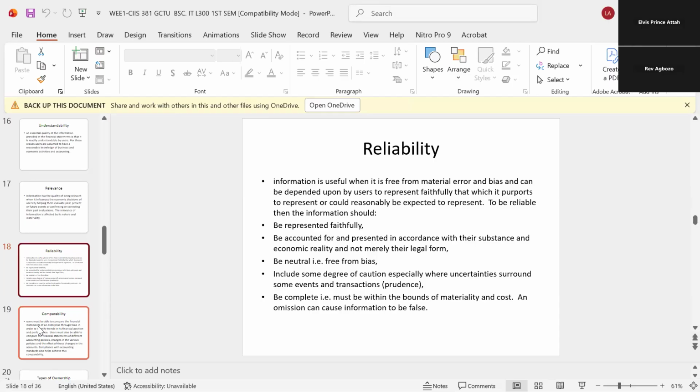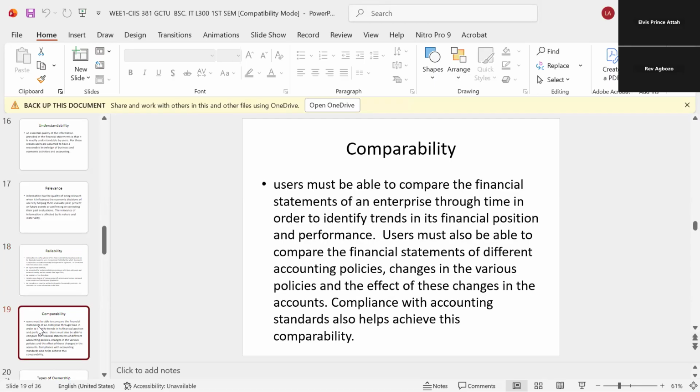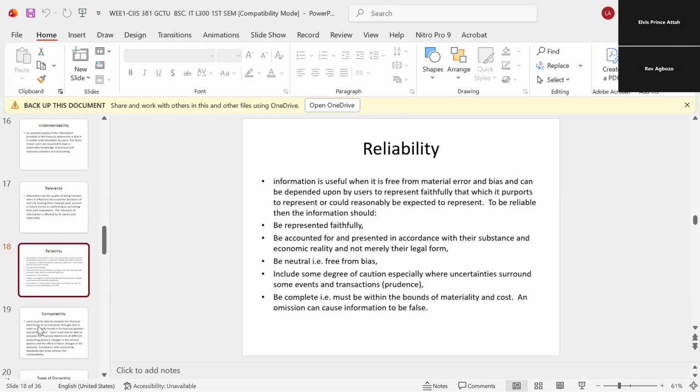He engaged managers who are managing his money for him. So at the end of the year, the managers prepare accounts for the owners to see. The information should be reliable. He should not just put figures to impress the owners, but the figures should be something that can be relied on.